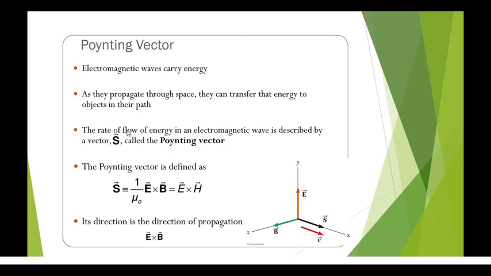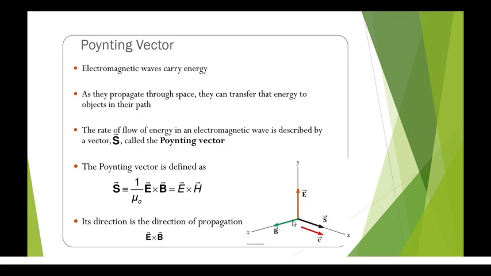So the rate of flow of energy in an electromagnetic wave is described by the vector known as the Poynting vector, given by vector S. See, in this picture you can see that the wave is propagating along the positive x direction, electric field in the y direction and magnetic field in the z direction.